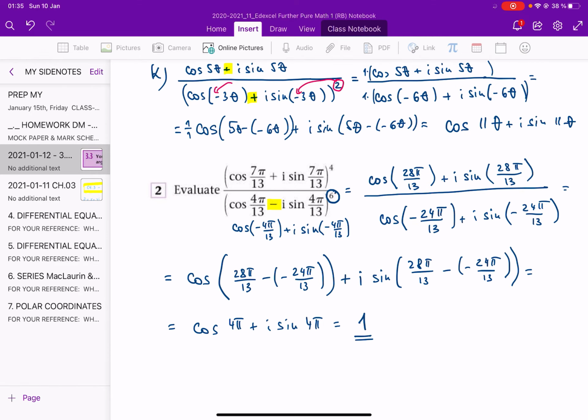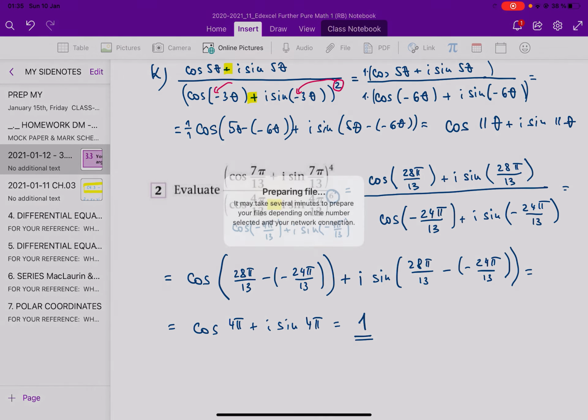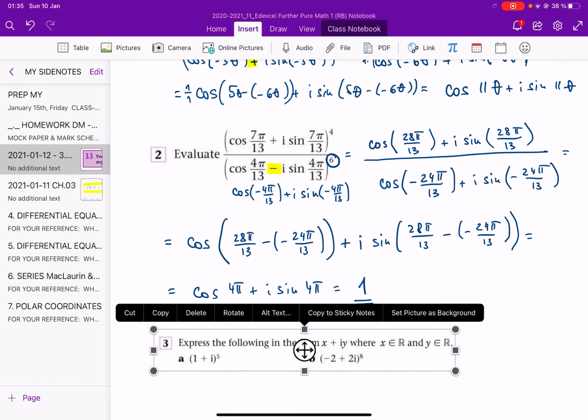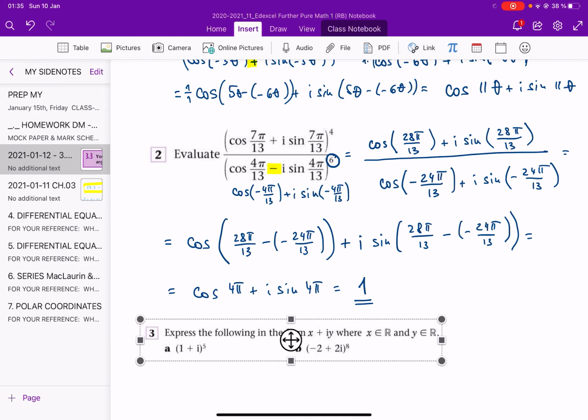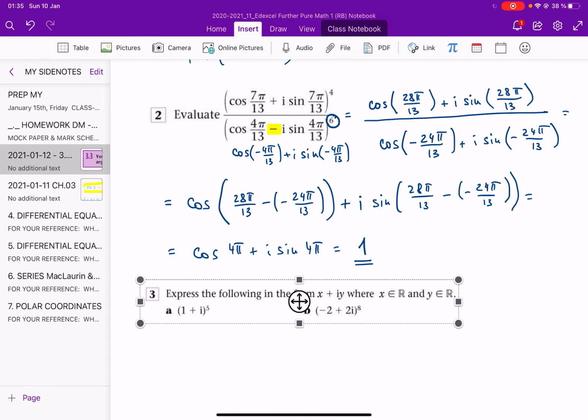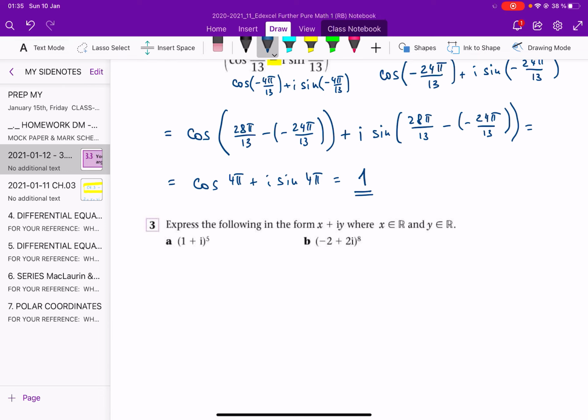And then the last one. That's this one, I guess. Yep. So in this case, we have several options, but in these sections we will discuss the options where you can rewrite it using the modulus argument form. Like for example, the a case. When you look at the a case, it's 1 and 1i.